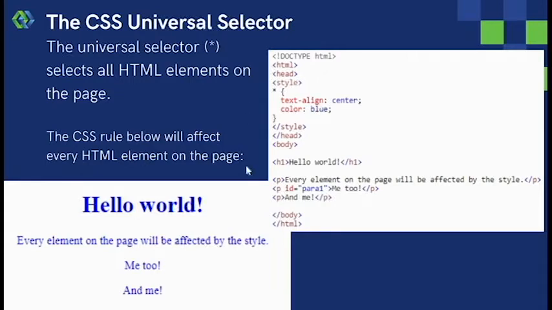So if you use the asterisk, everything will be affected. From the word universal, everything will be styled when you use the universal selector.